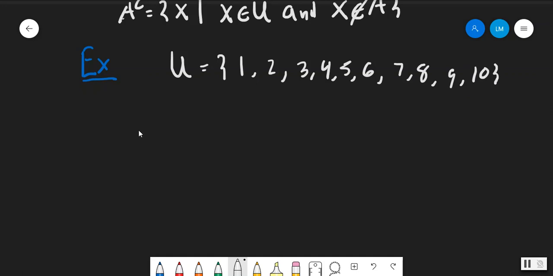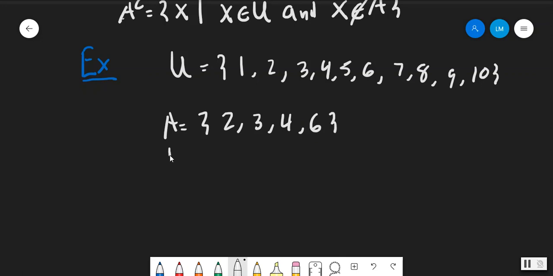Now, let's say that A is equal to the elements 2, 3, 4, and 6.